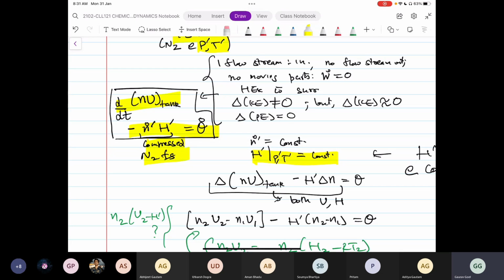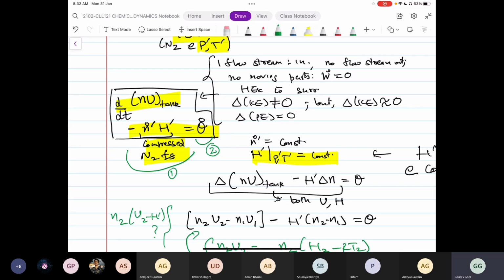First factor is the flow of gas from outside. Second factor is exchange of heat with the surroundings. Because of these two aspects, the conditions inside the tank are changing.